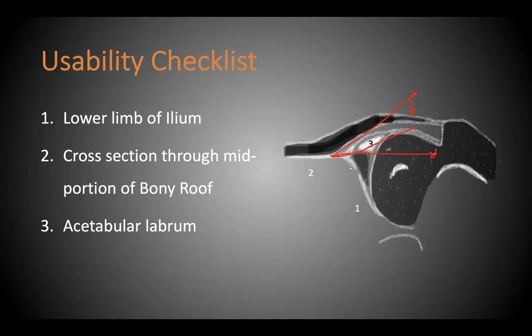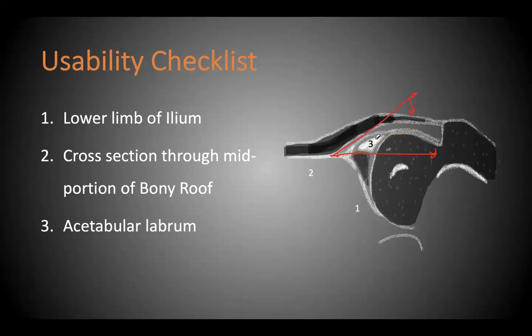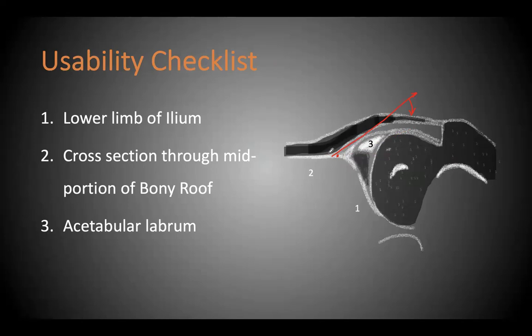And the bony roof line, how do I erase this? Okay. You're going to rotate it so that it touches, and this would be where your straight line is.